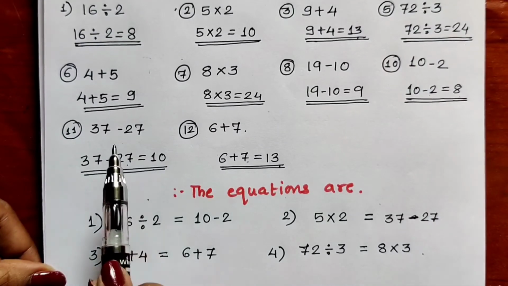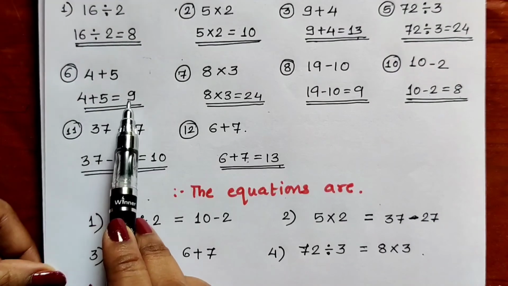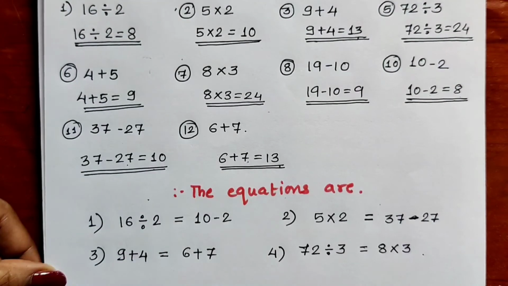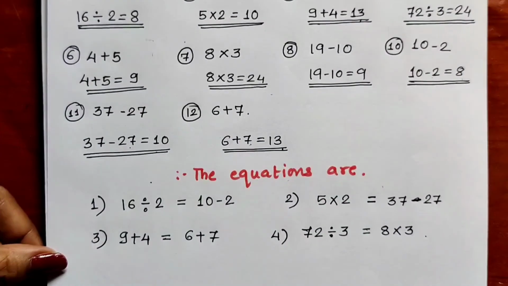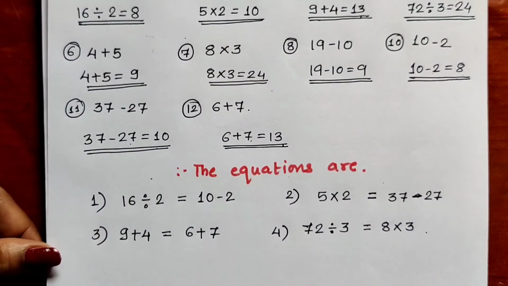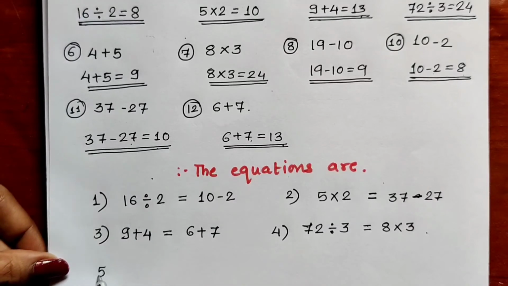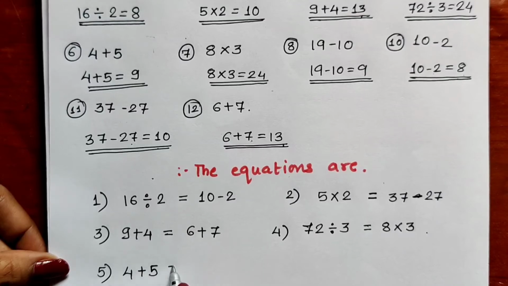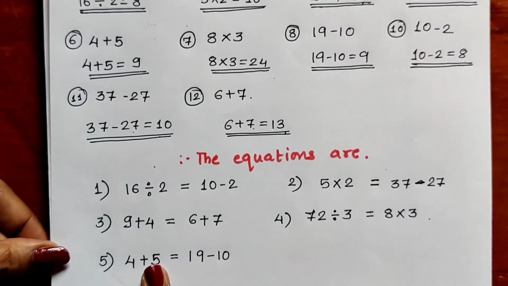Correct? Now see, 4 plus 5 is also 9 and 19 minus 10 is also 9. So we can write these two operations in equation format. So the fifth equation can be written as 4 plus 5 is equal to 19 minus 10.